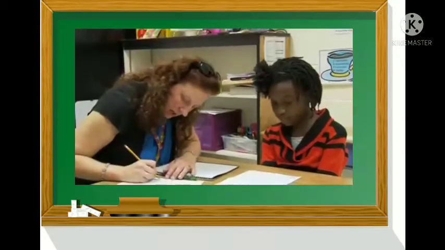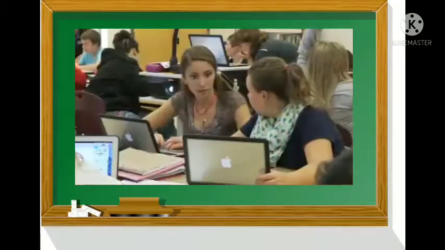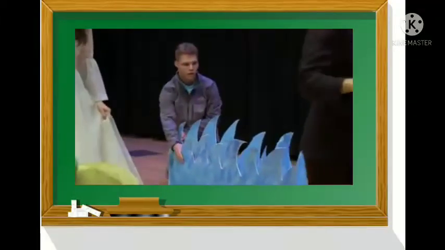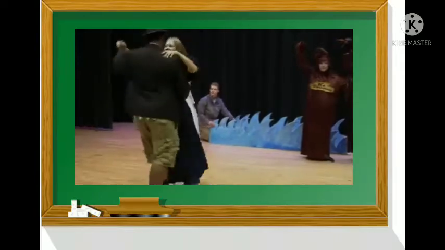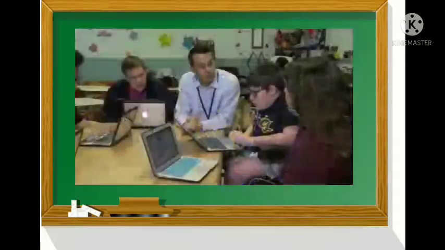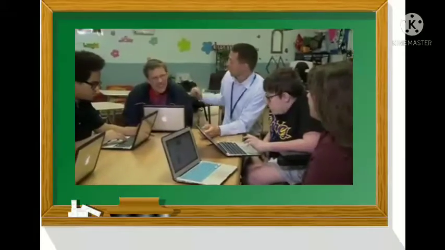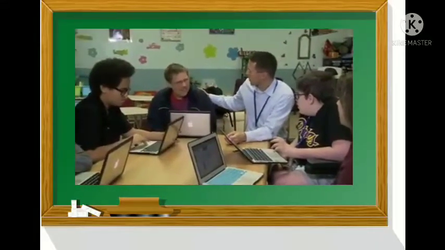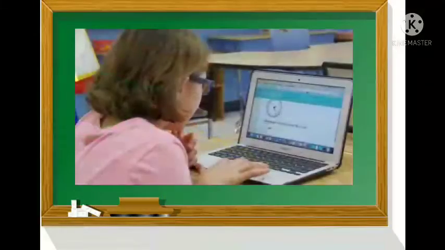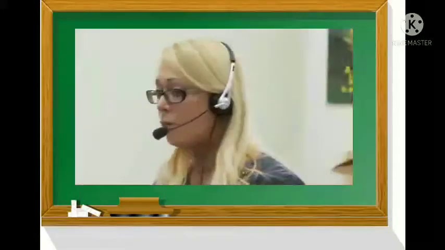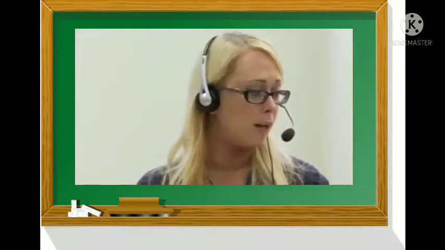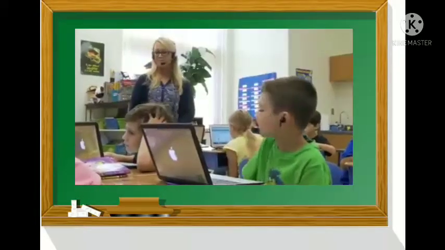A child can be given an appropriate role when working in small groups, or be allowed to participate in an activity in a different way. Being seated near the teacher helps some students stay focused, and assistive technology can support a wide range of needs. And if you need me, you can raise your hand and I'll come and help you.